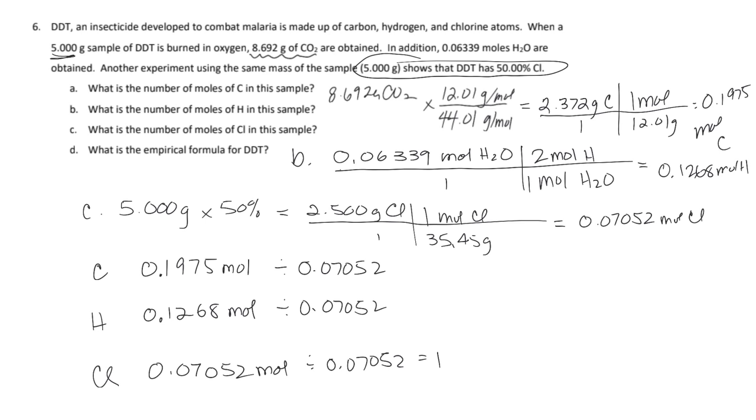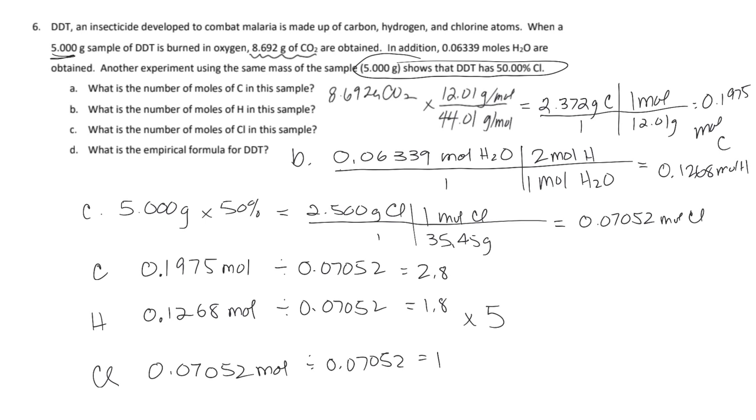And I get 1, I get 1.8, and I get 2.8. You cannot round this. It's not close enough to a whole number. So now we're going to have to multiply by a whole number. The lowest number to multiply this by to get whole numbers is 5.